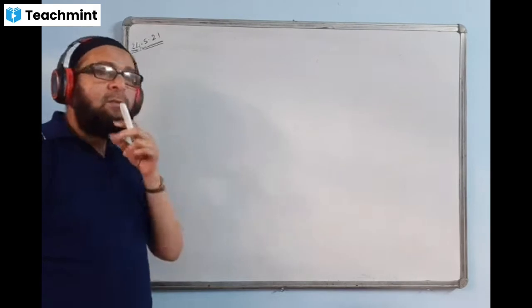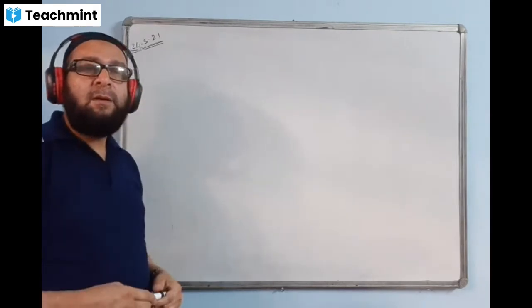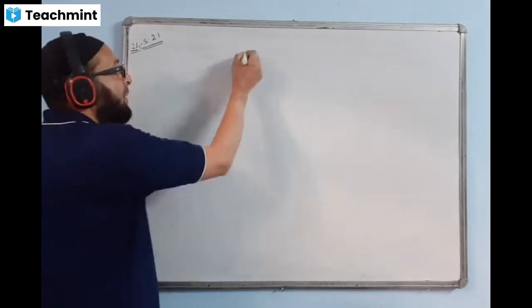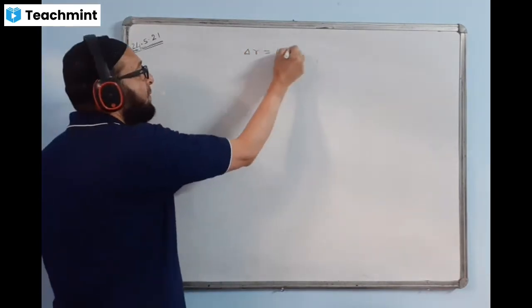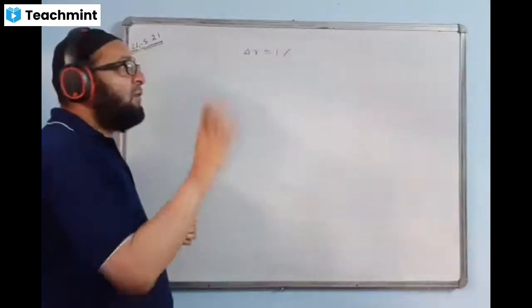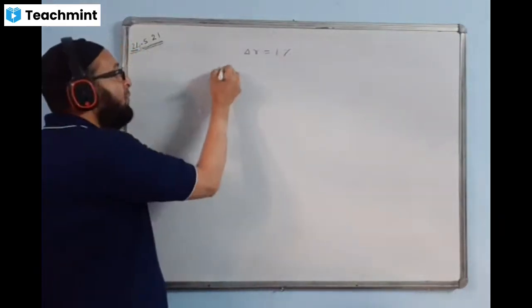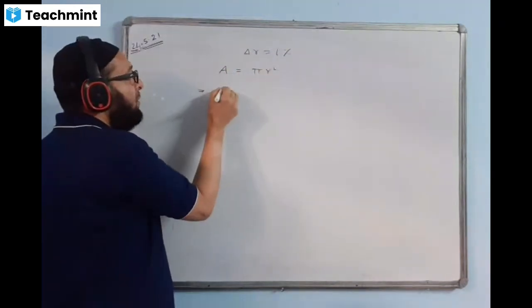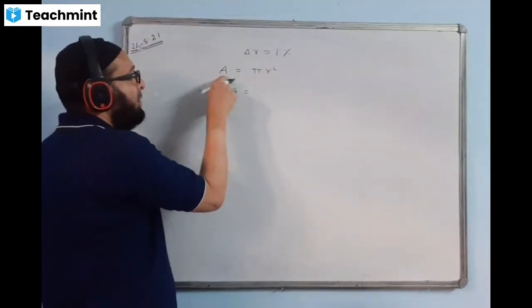Now, one example I gave last time: the error in the radius of a circle is given as 1%. Find the error in the area of the circle. First of all, we write down the formula of area: pi r square. I'll find delta A, the error in the area.